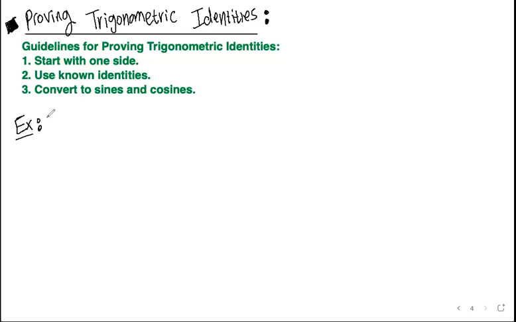So the example here: prove the expression cosine theta times secant theta minus cosine theta equals sine squared theta.